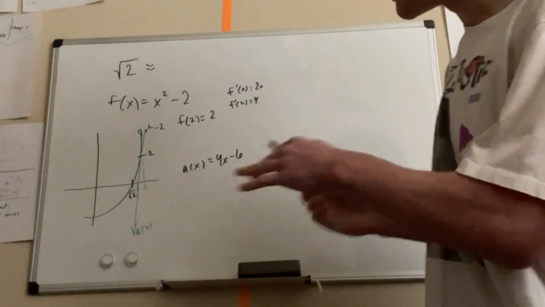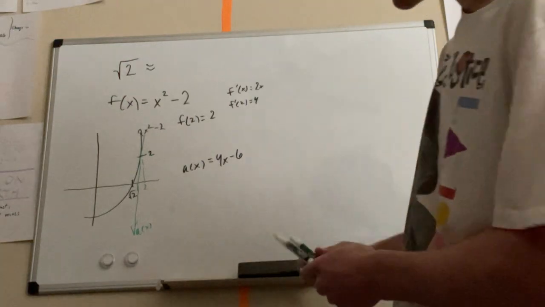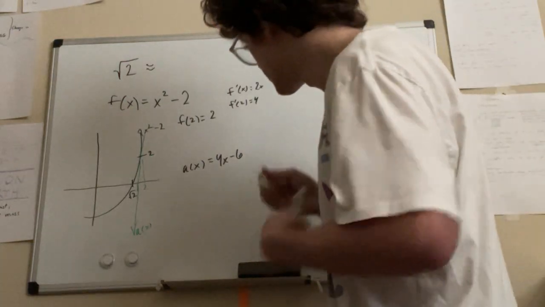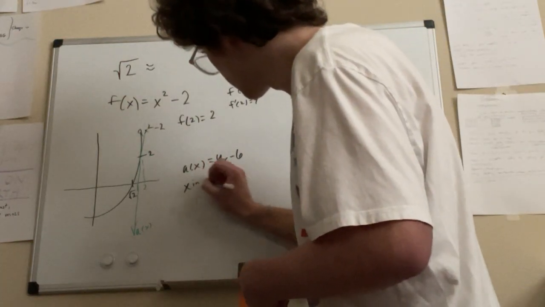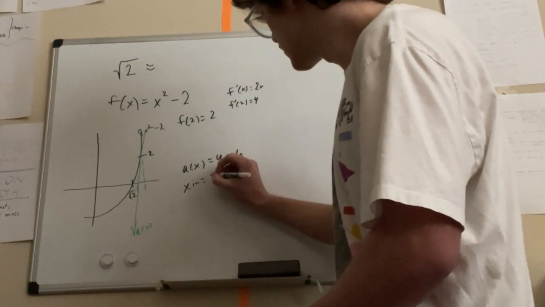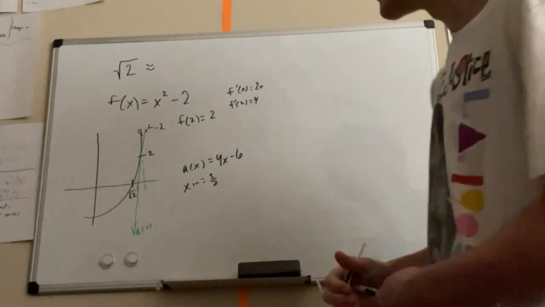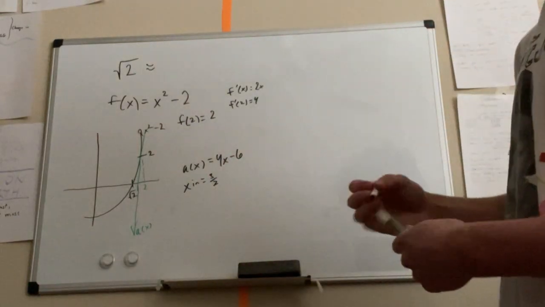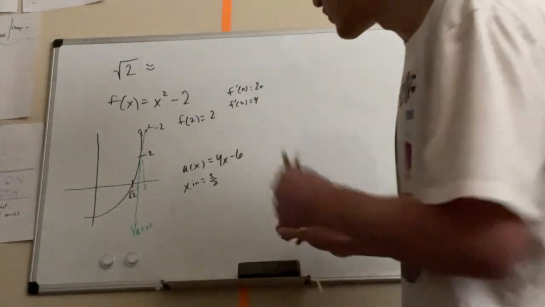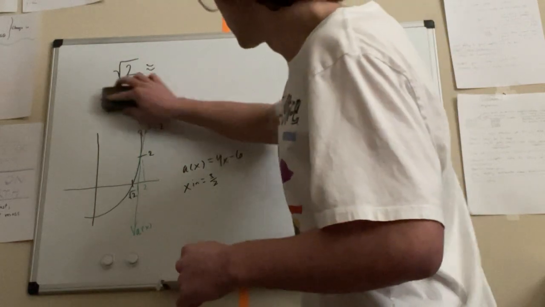So, we understand? Now, let's find the x-intercept for this function. The x-intercept equals 3 over 2. My bad, sorry. So we're just going to rewrite all this a little bit more fancily.